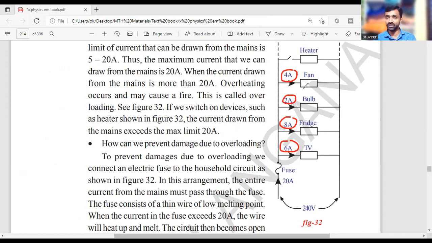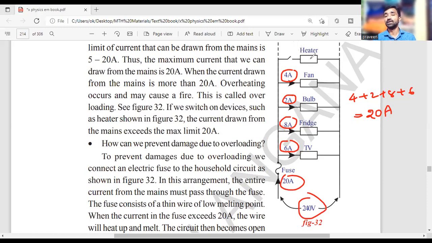It is just an assumption. Then see the amount of current utilized by them: 4 plus 2 plus 8 plus 6. That is already 20 amperes. So what is the maximum current allowed? That is 20 amperes. What happens when I switch on this heater?